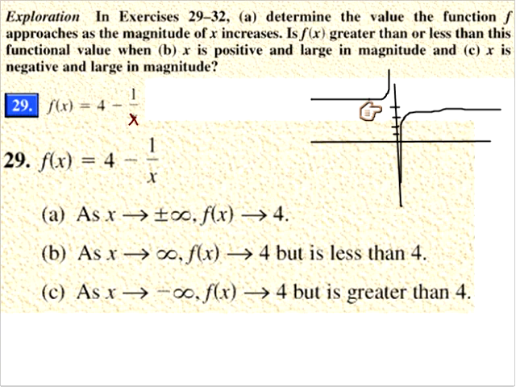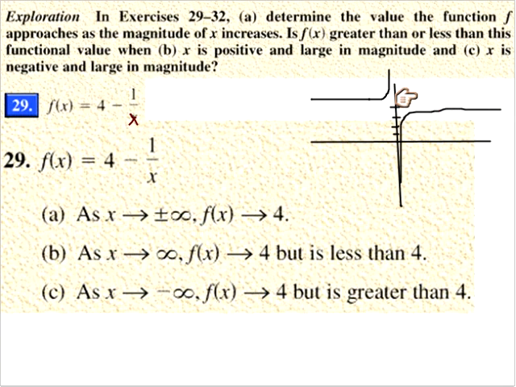Or what is your horizontal asymptote? And your horizontal asymptote here is 4. So that's the first part. As x goes to positive or negative infinity, my graph in both cases gets closer and closer to 4. It never touches it, but it gets close to it in both directions.